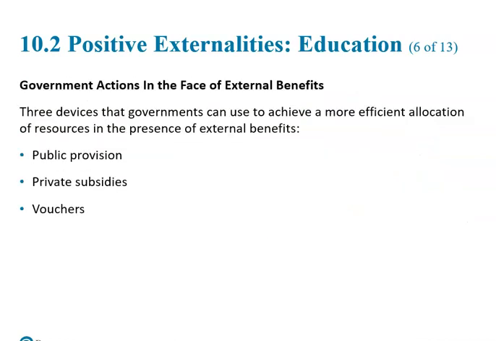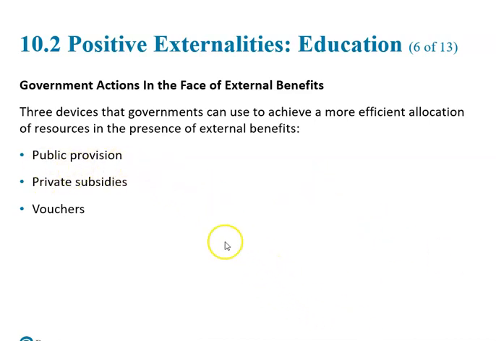So how can government actions resolve this issue of external benefits, meaning taking the market to the efficient outcome where the marginal social benefit is equal to marginal cost? There are three ways of doing this.